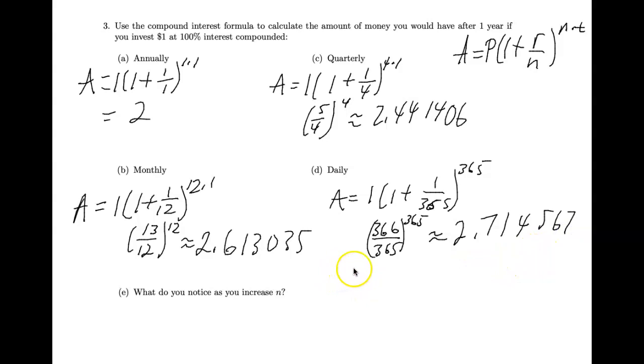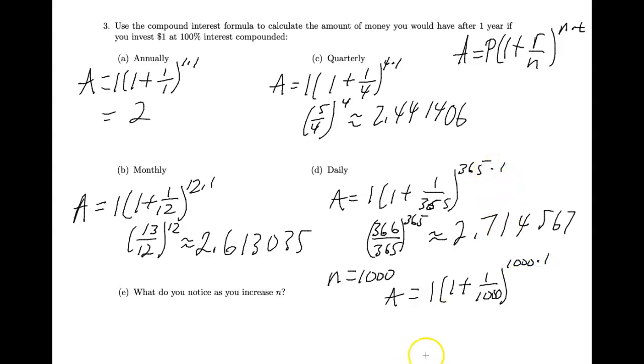Hopefully you're starting to recognize that this is going to something. Let's try one more example, when n is 1,000. So A would equal 1 times 1 plus 1 over 1,000 to the 1,000 times 1.